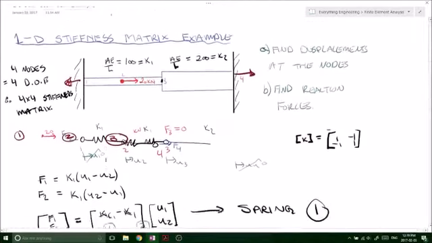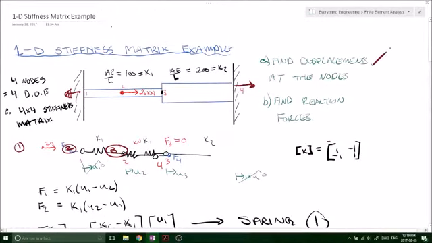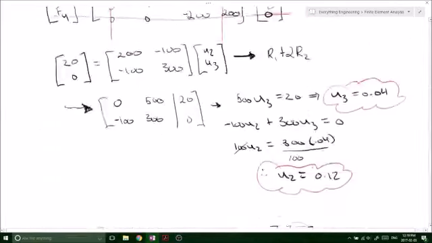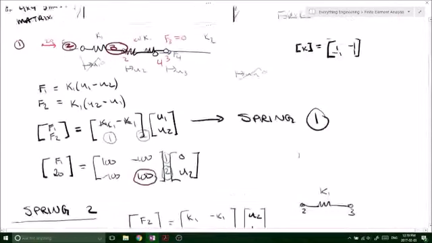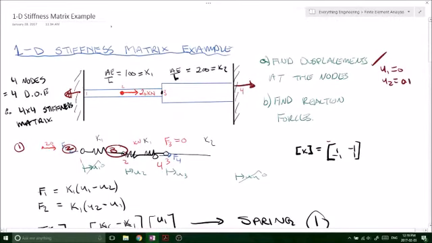Okay, so look, what do we need? Find displacement at the nodes. We've done that. We've found U1 equals 0, U2 equals 0.12, U3 equals 0.04, and U4 equals 0. Done. Support reactions, F1 equals negative 12. That makes sense because we're going in the negative direction because we have a force pushing us right.